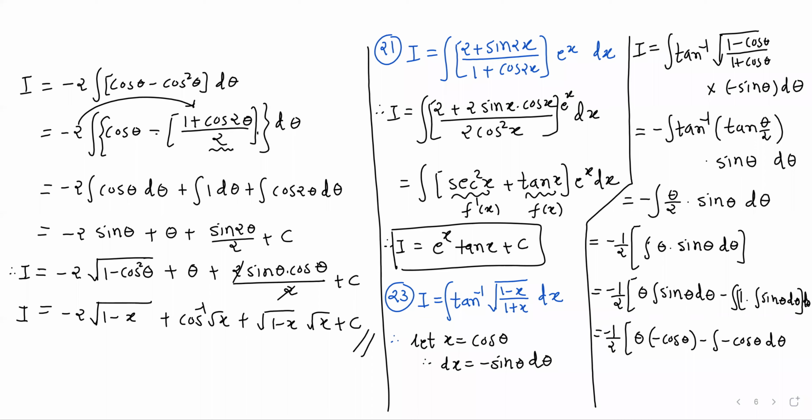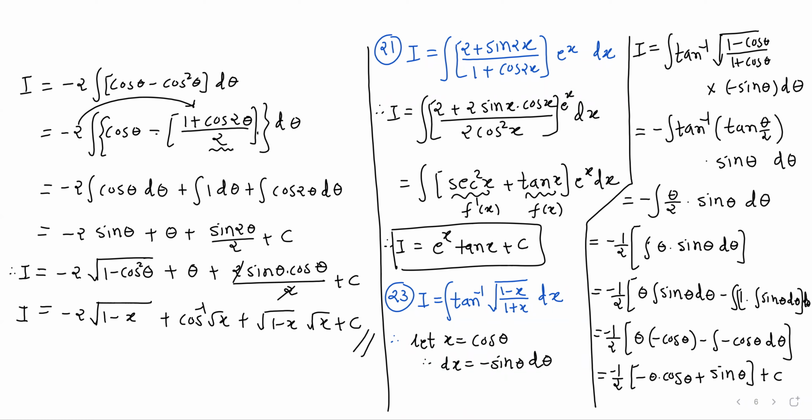So simplification: minus sign, so from here we take the common minus sign. Okay, minus 1 upon 2, minus theta cos theta, minus minus plus integration of cos theta, which is sin theta, plus c.